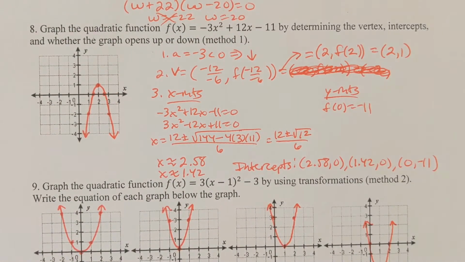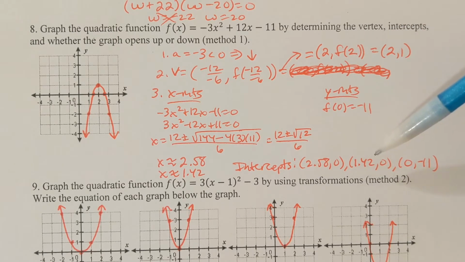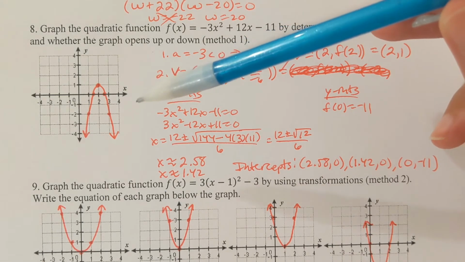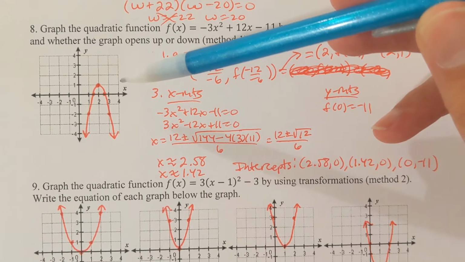Okay, and then f of 0 is negative 11. So we've got 3 intercepts: 2.58, 0, and 1.42, 0, and then 0, negative 11. The vertex is 2, 1.